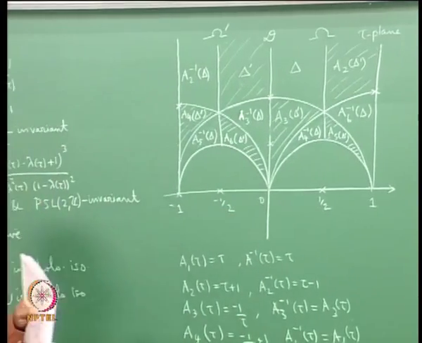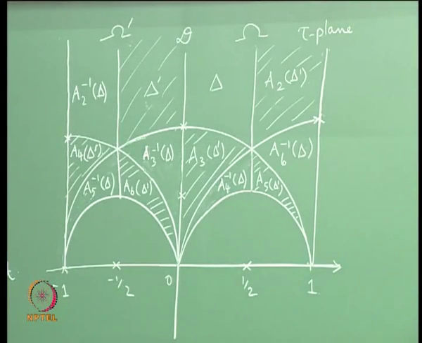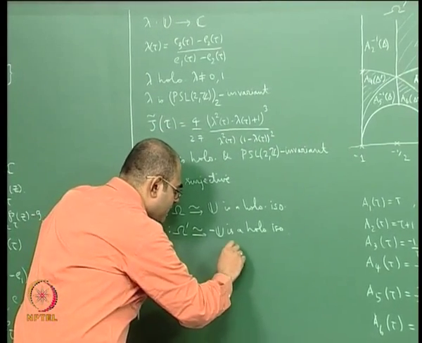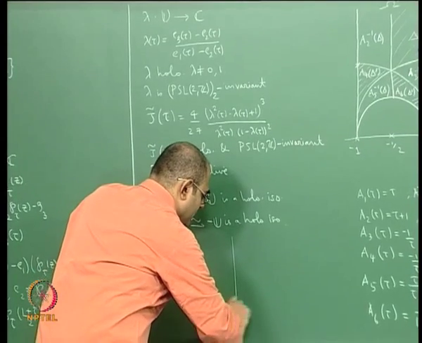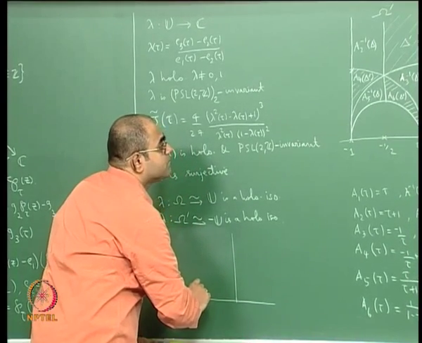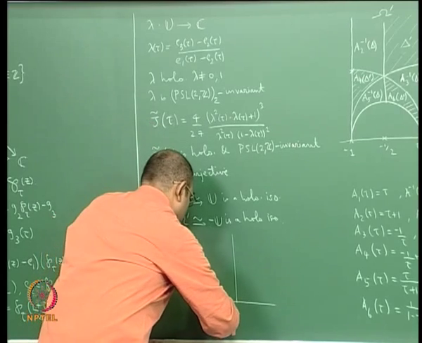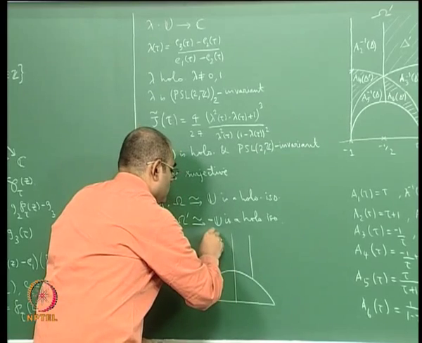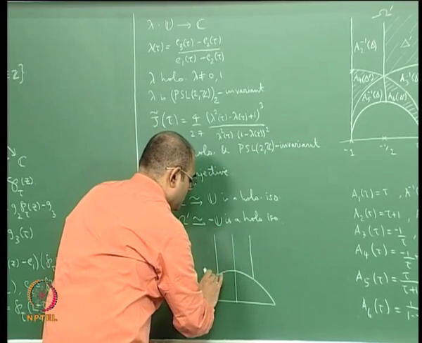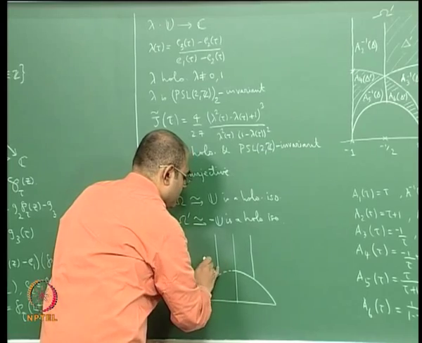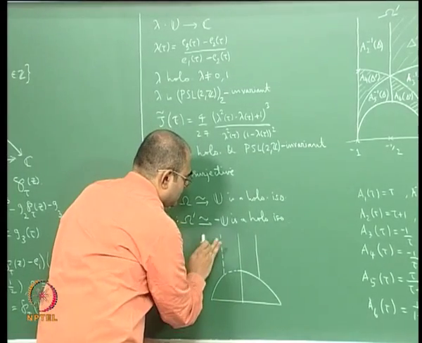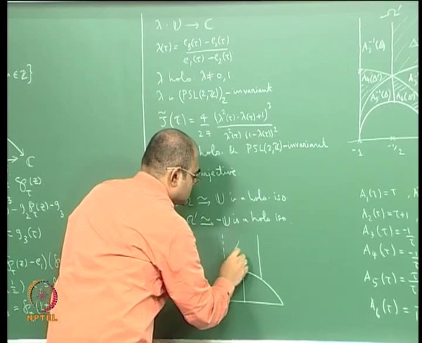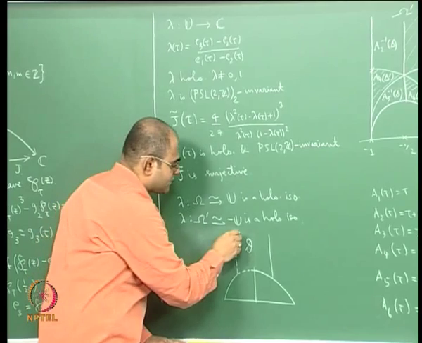That was your script D. If I draw that separately, script D is basically this. I put dotted lines here to remove the boundary, and this is script D, essentially this region.